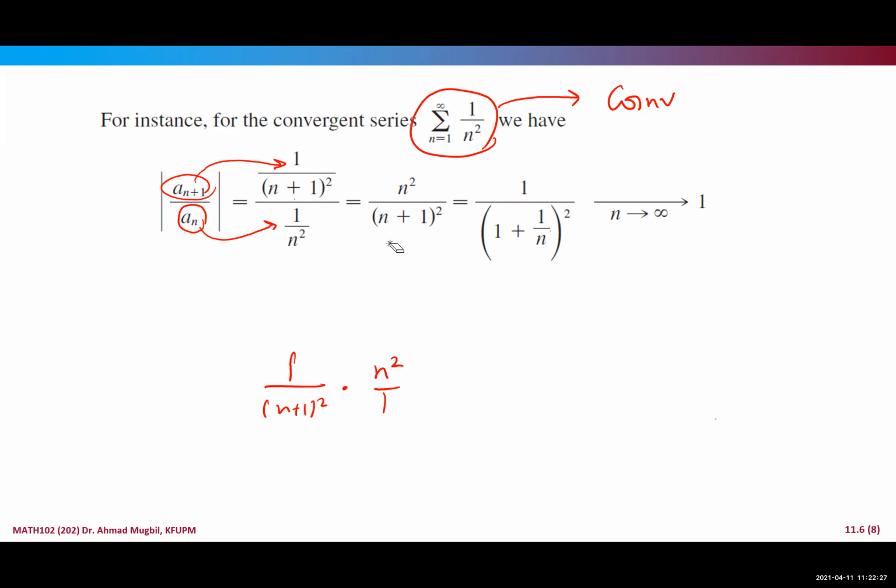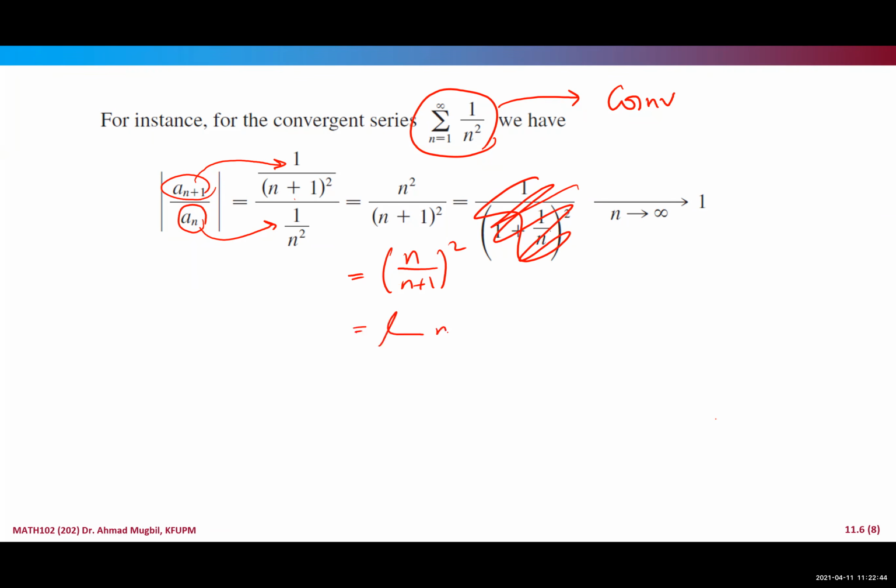Now, what you can do here, Shabab, is this: n over n plus 1, all squared. When you take the limit inside, it will be the limit of n over n plus 1, all to the power 2, because x squared is a continuous function.